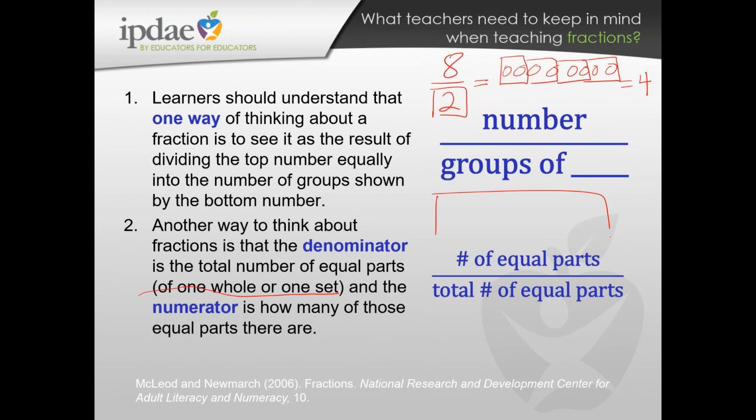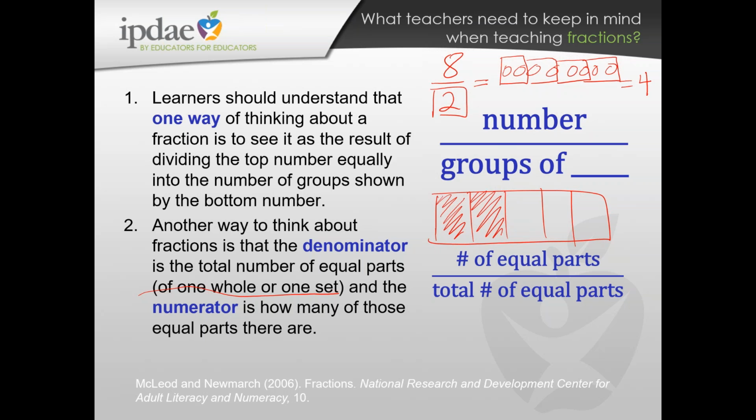So for example, we have a bar of chocolate, and the chocolate is divided into 5 equal parts. Pardon my drawing, but I'm trying to shoot for 5 equal parts here. And let's say we ate this much.